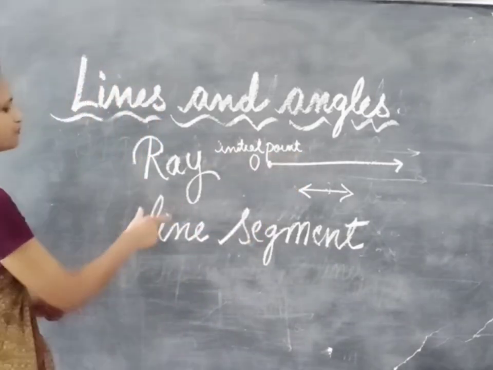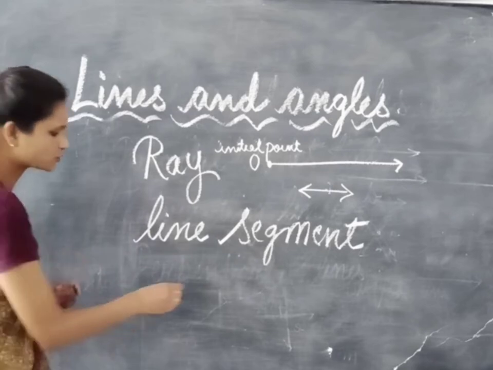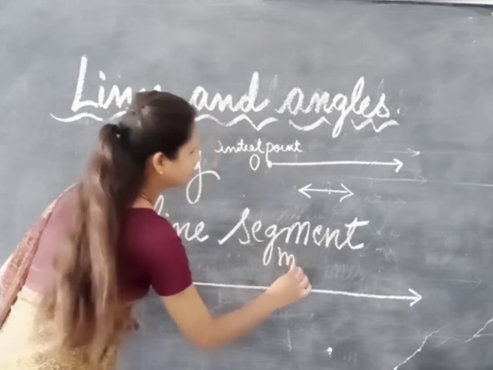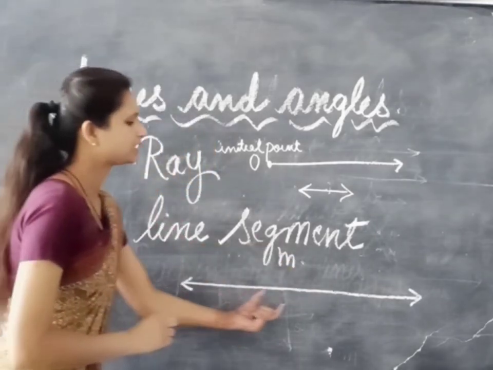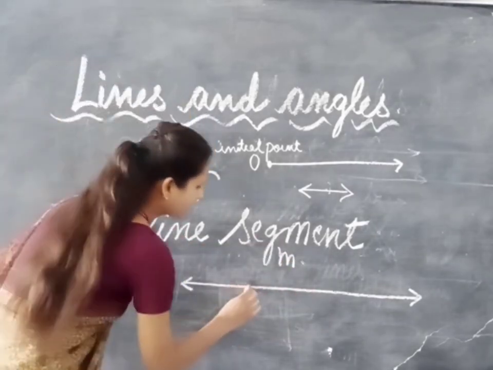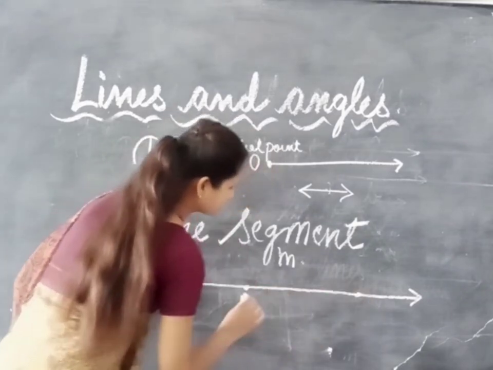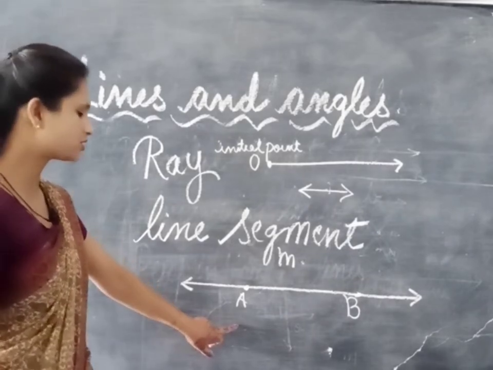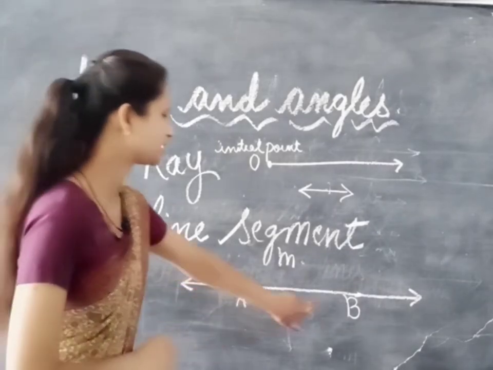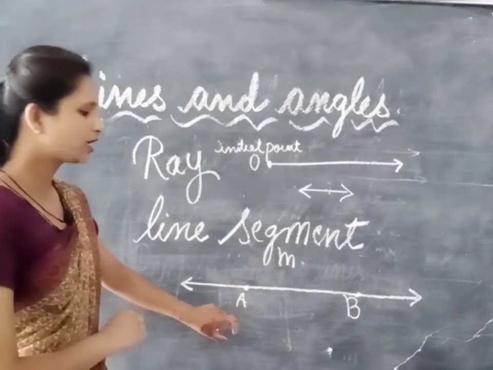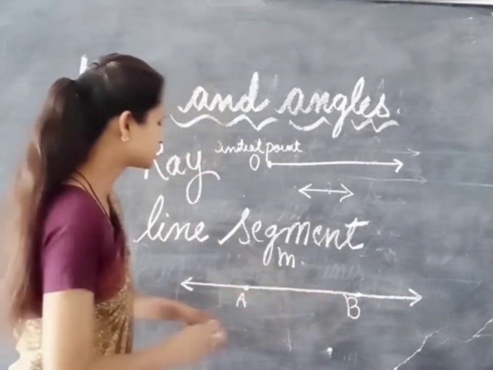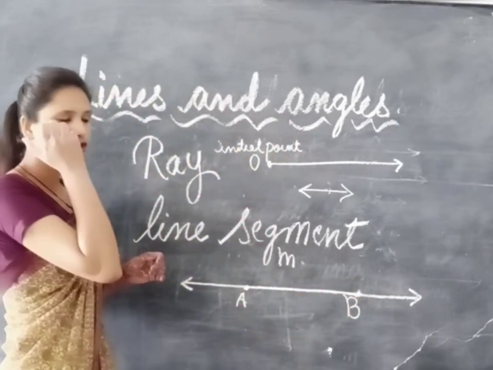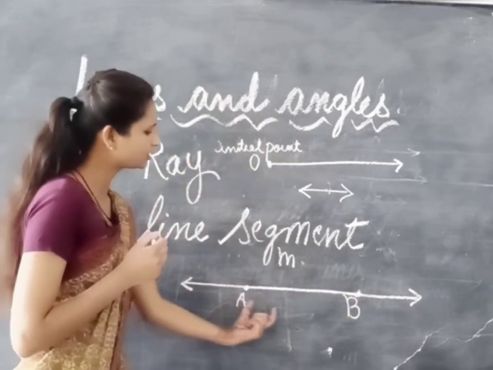Okay. Now, what is a line segment? Suppose this is a line M and this line has 2 points on it, A and B. Now, when we join point A and point B, it is the shortest distance between these 2 points.